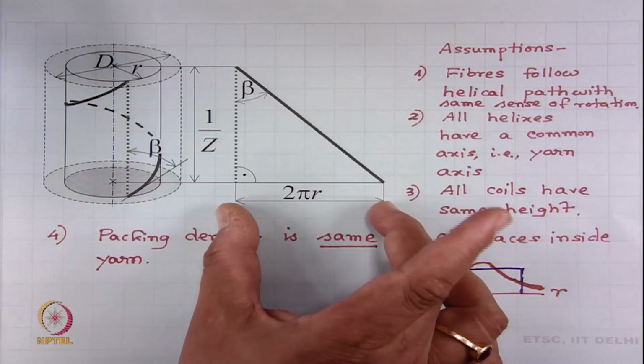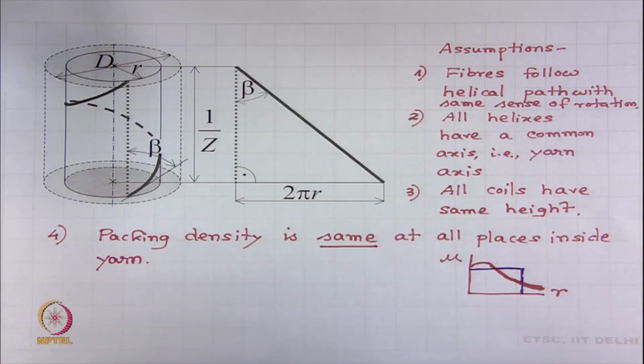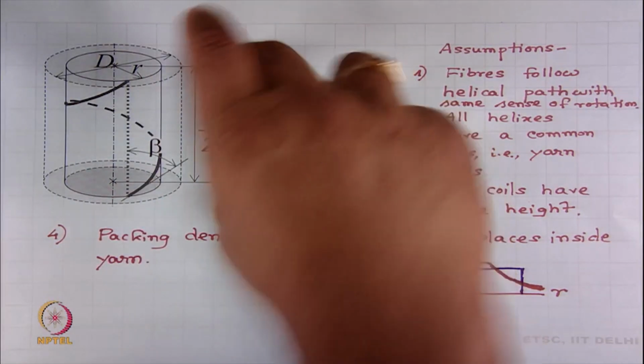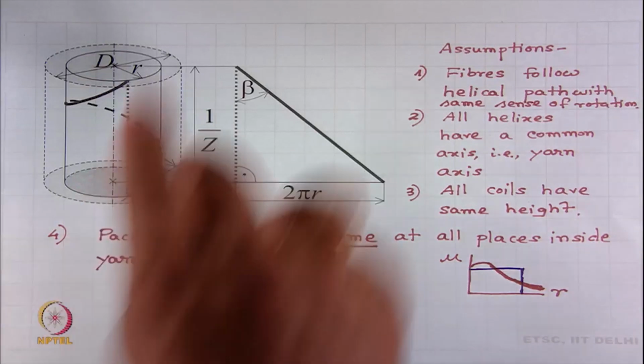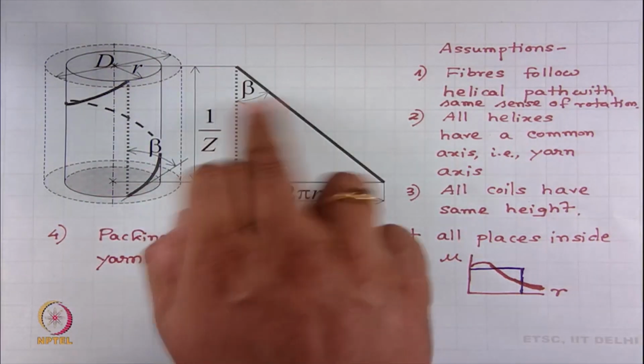R is the yarn radius, D is the yarn diameter. And this beta is the twist angle. The height of this triangle is 1 by z, where z is the number of turns per unit length of the yarn. So, this length is 1 by z and this angle is beta.